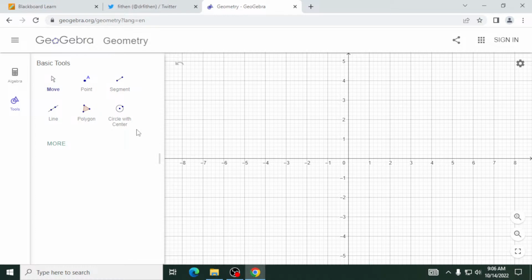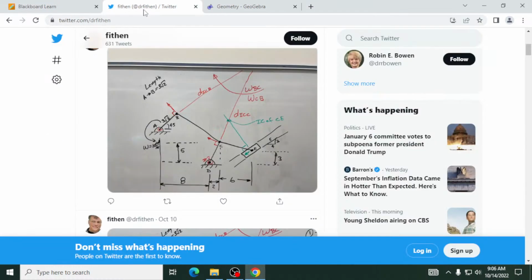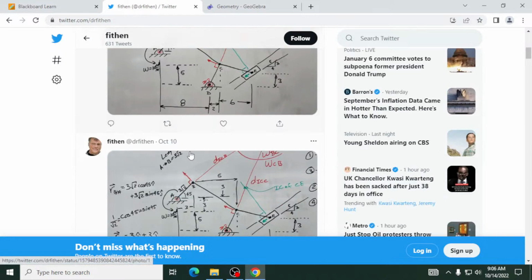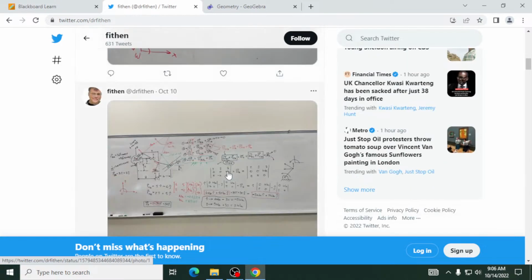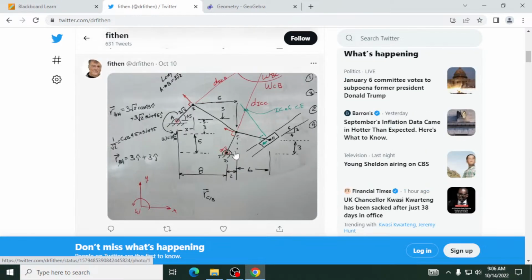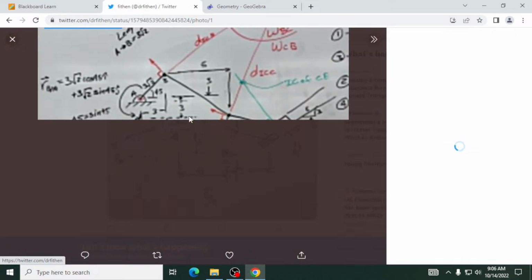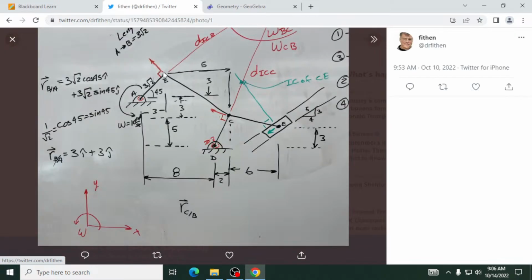What I'm going to do is put this thing in there, and unfortunately that is a better drawing than the other. So I've got A, B, and C, and then D, and then E. I've got all these instant centers, but I'm going to put A at the center of the coordinate system.